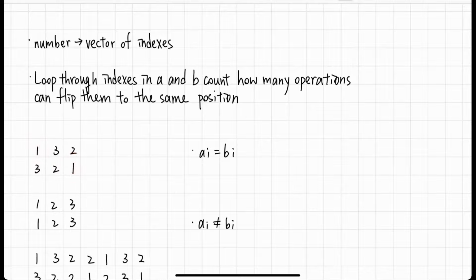When we loop through these indexes, we check how many flips would bring these two positions together. In this case, the only possible flip would be L equals 1 and R equals 3, which would flip this and bring the 1 over here.